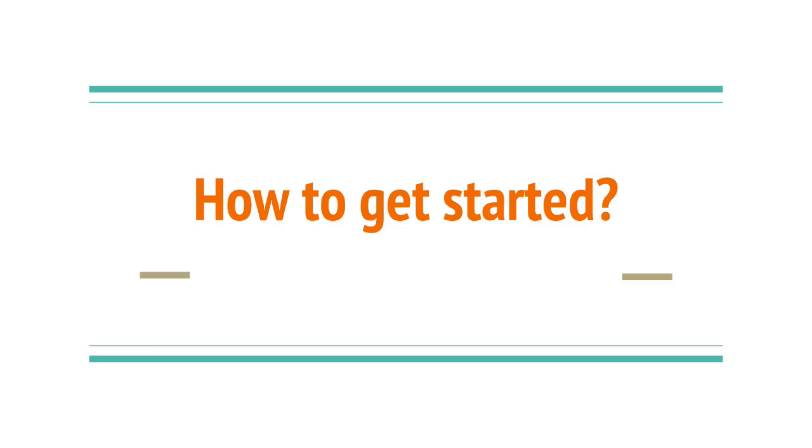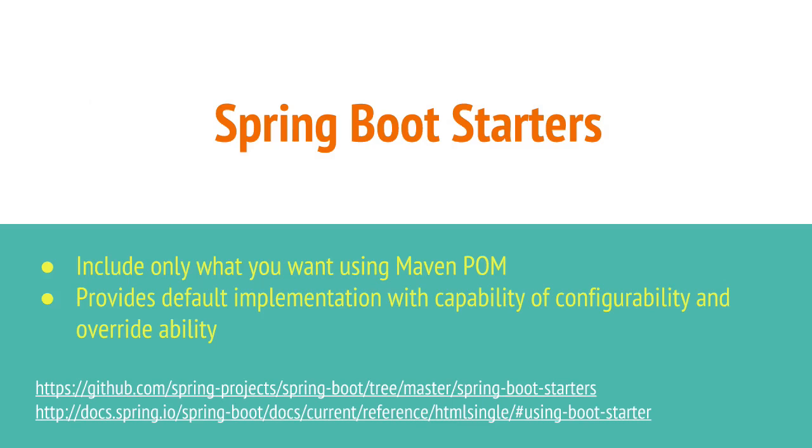They say that we come very lightweight, nothing heavy, no boilerplate. Now you start adding the starter POMs and then automatically you will get the whole full stack framework. Fair? So that's what we have to start with. Spring Boot starters: include only what you need.